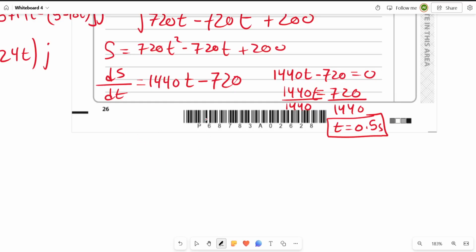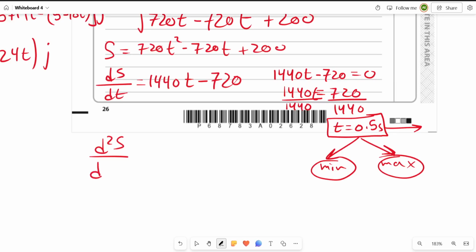So anyways, to test if this t is going to be a minimum or a maximum, we need to use the second derivative. We agreed that this is already a critical point. It's just a matter of whether it is a minimum critical or a maximum critical point. So to do that, we need to get the second derivative, d2S by dt squared, which is basically differentiating the first derivative again.